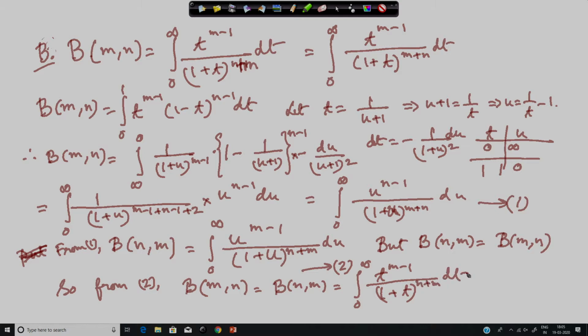Again we have written t in place of u because the integration variable is simply a dummy variable. We can write any alphabet in place of u, theta or t or any alphabet. So, these are the alternative forms of beta functions.